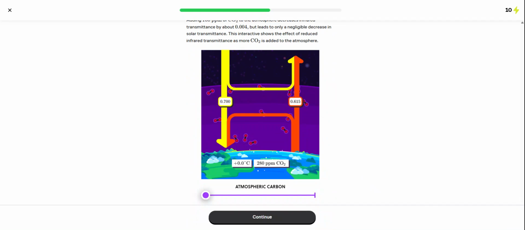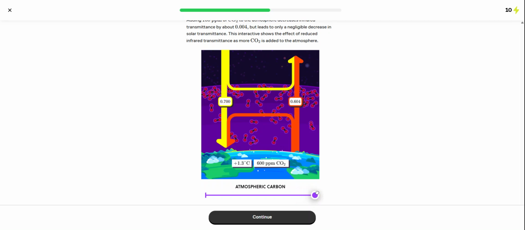This interactive shows the effect of reduced infrared transmittance as more CO2 is added to the atmosphere. If I adjust the atmospheric carbon from very low and increase it, the parts per million of CO2 increase proportionally, and the average temperature also slightly increases at the same time, because infrared radiation is affected and reduced.